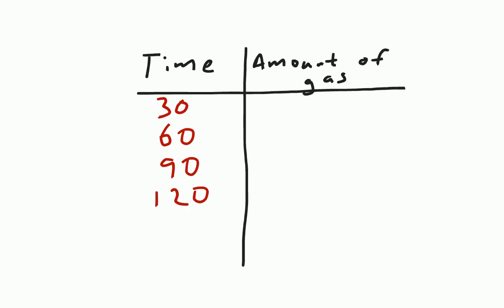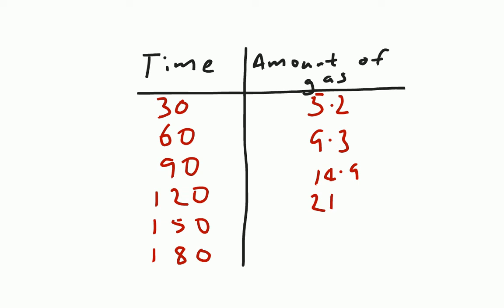Then if we have the amount of gas produced, we might have 5.2 centimeters cubed, let's say, 9.3, 14.9, 21.3, 24.7, and 30.1, for example.